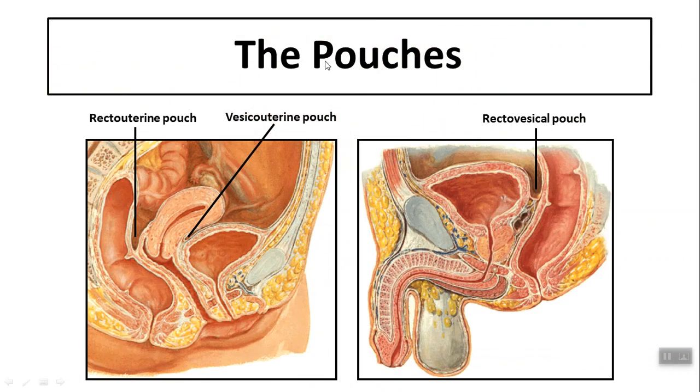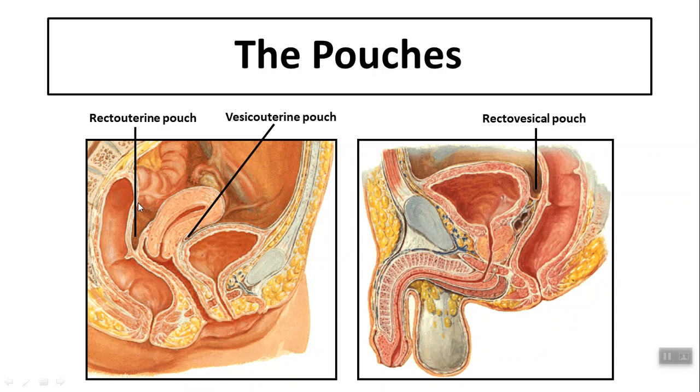Pouches. Another form of spaces is formed by reflection of the peritoneal layer on certain organs, what we call the pouches. In female, we have the recto-uterine pouch.